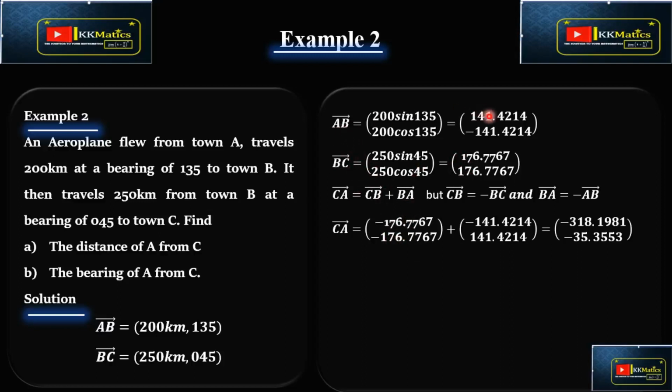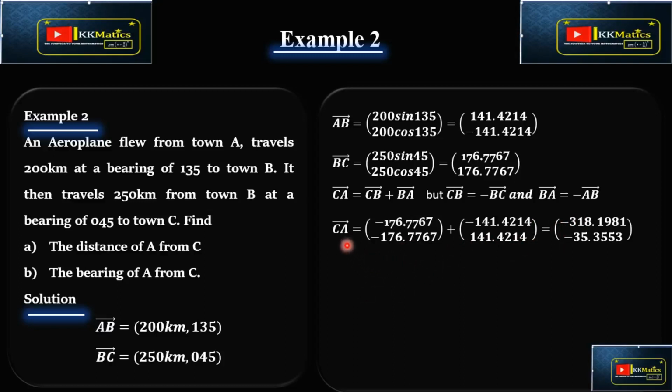So if we negate it, we end up having the X value being negative and the Y value being positive, as you can see on your screen. And so we go on ahead, we punch this on our calculator, we get this, and we do the same for the Y, we get this one.